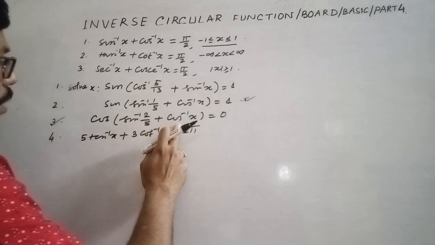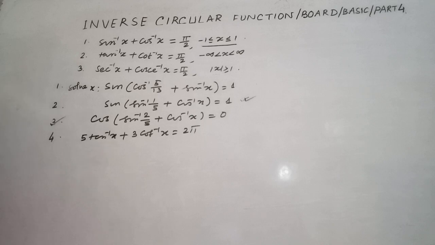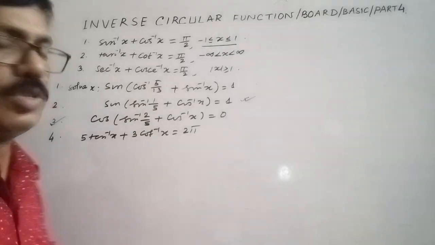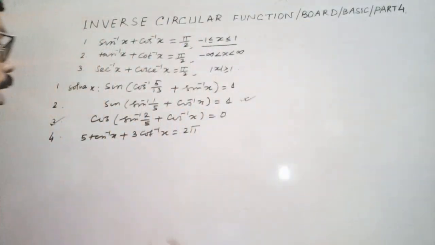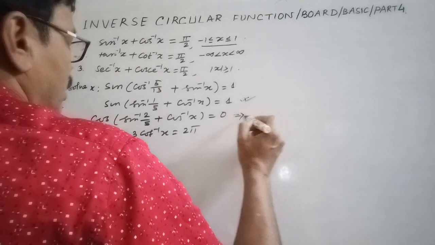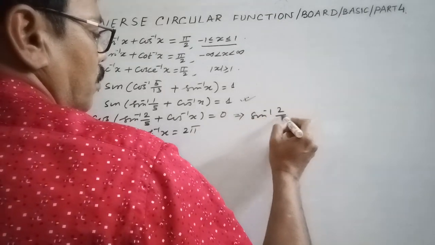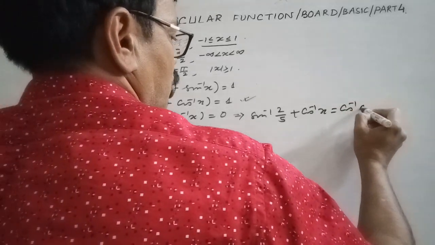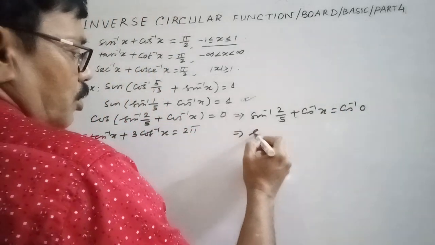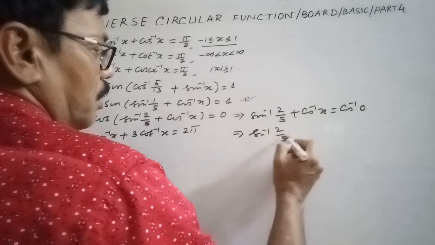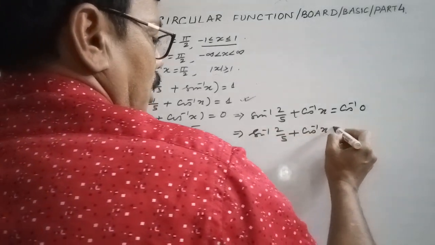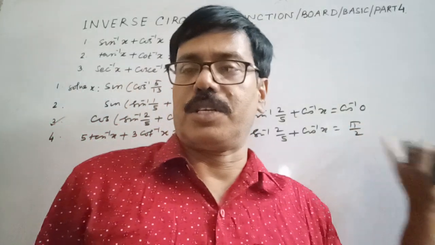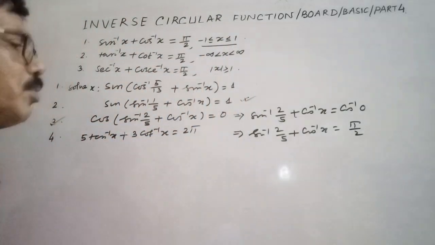Now problem number 3 is exactly the same, but here it is cos. Cos of (sin inverse 2 by 5 plus cos inverse x) equals 0. Transfer cos to the right hand side. This implies sin inverse 2 by 5 plus cos inverse x equals cos inverse 0. Taking the principal value, cos inverse 0 is pi by 2.